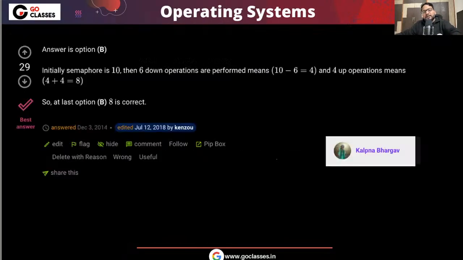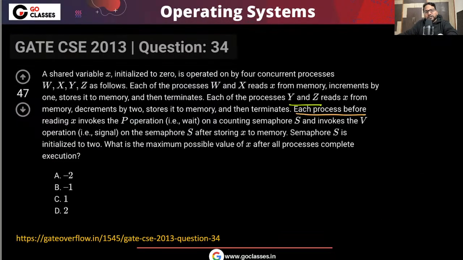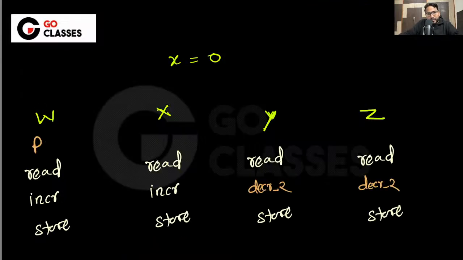So each of the processes is doing P on s here and V on s here: before read P, and after store V. That's what they are saying. Let me write P and V in all the processes.